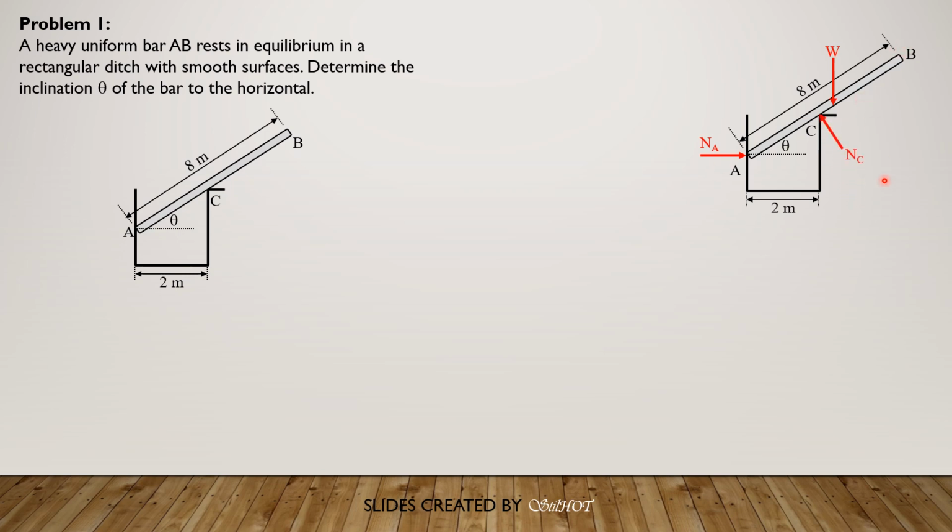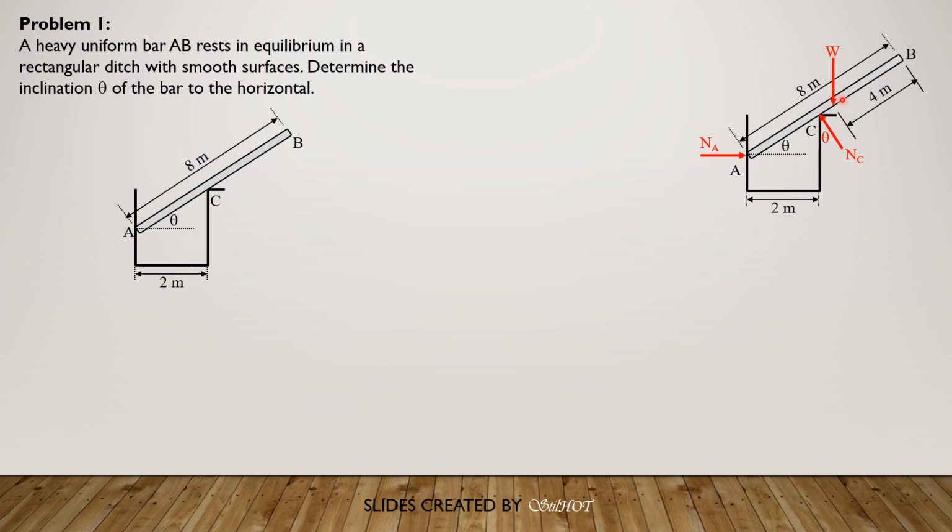of the bar, and the angle that N sub C makes with the vertical would also be equal to this angle of inclination theta. As I said, the weight of the bar is 4 meters from B, also 4 meters from A. So this angle is also theta. Remember the principle.